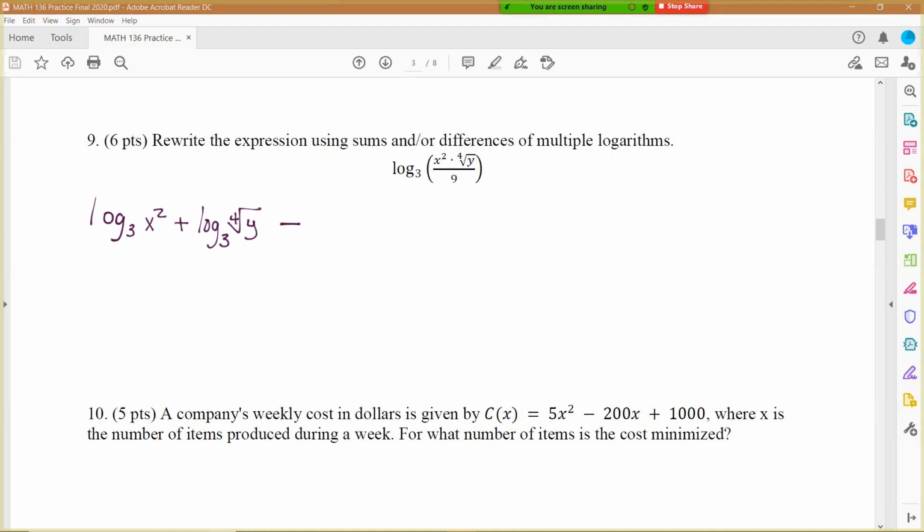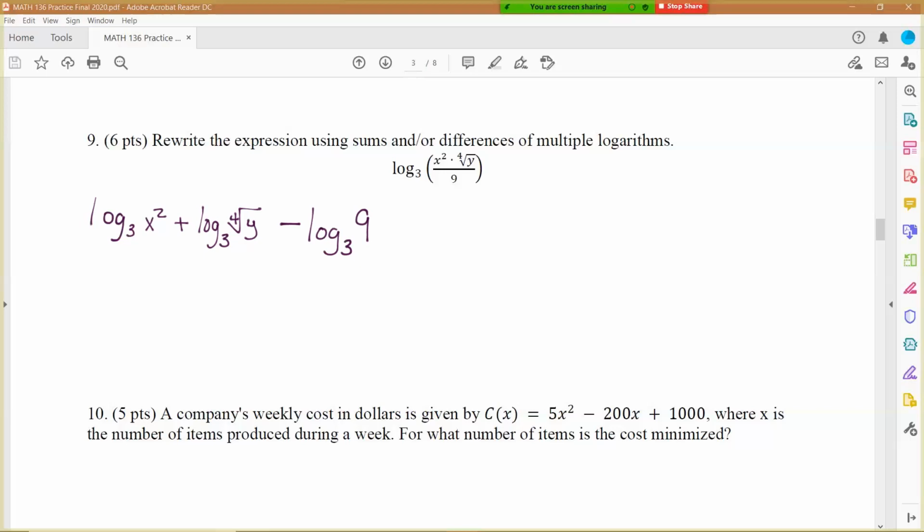And then for the denominator with the 9, it's division, so I'm going to subtract log base 3 of 9. Why are you going to subtract the log? The denominator gets subtracted because it's a fraction. It's being divided by 9. This looks like a subtraction sign, so you subtract the denominator.